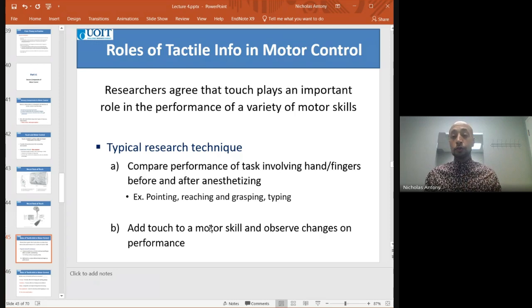They looked at studies where a person doing a type of motor skill had their fingers anesthetized so they lose sense of touch, and then saw how it changes, because that would tell us why touch is important. The other thing you could do is take a motor skill that doesn't have touch, add touch to it, and see if it changes.